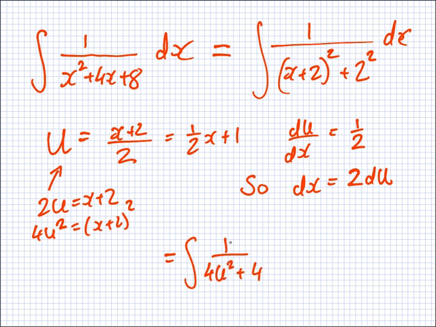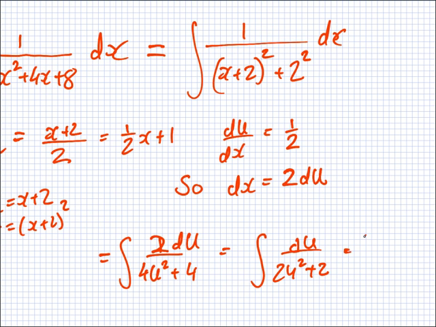And dx we said is 2 du. What can I cancel here? The 2. So that's 1 over 2u squared plus 2 du. And what's in common here? The 2. So I'm left with 1 over 2 integrate du over u squared plus 1.